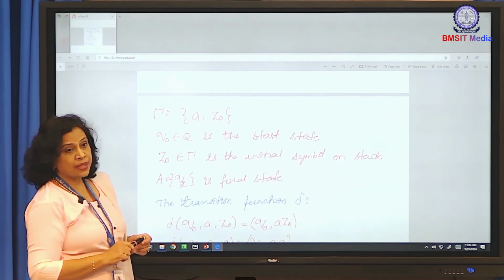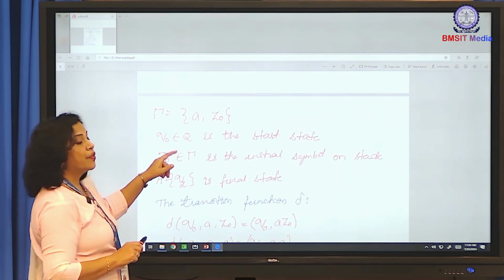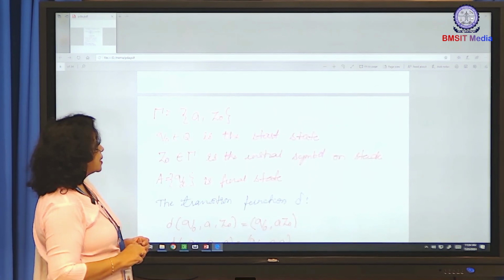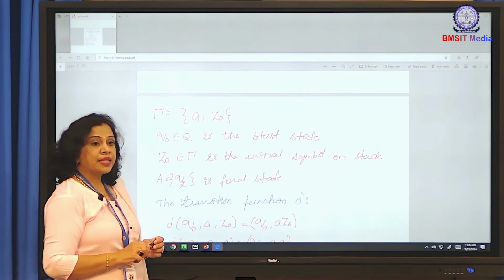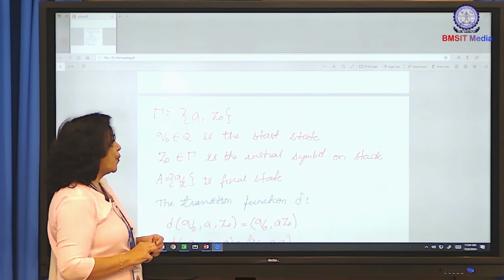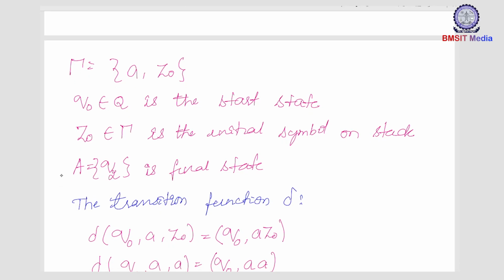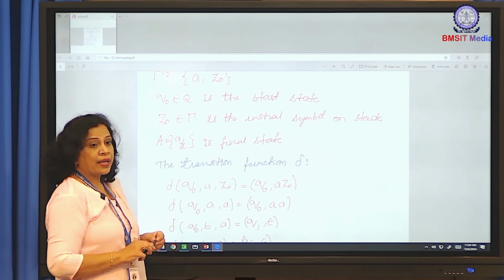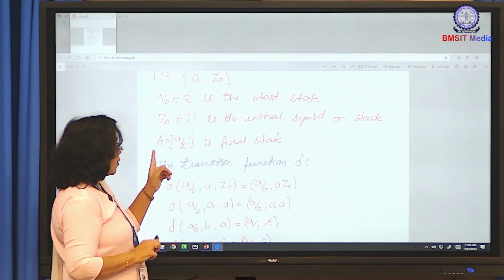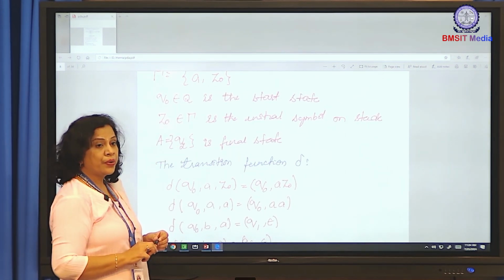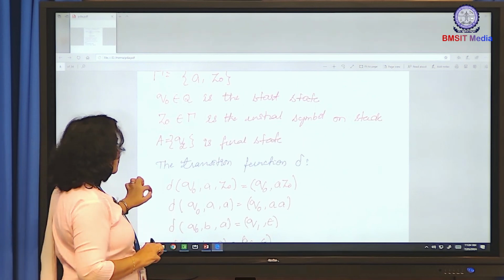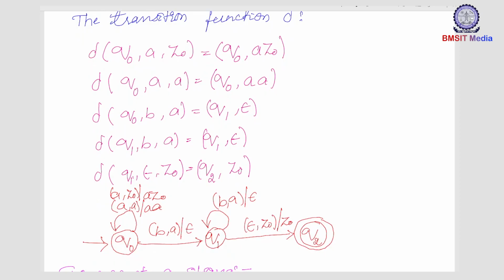And Q0 is the start state. Q0, which belongs to Q, is the start state and Z0, which belongs to tau, is the initial symbol on stack. A we can also call it as F. A or F, which is equal to Q2, is the final state. So the transition function delta: whatever transition we derived so far, we are going to write here.